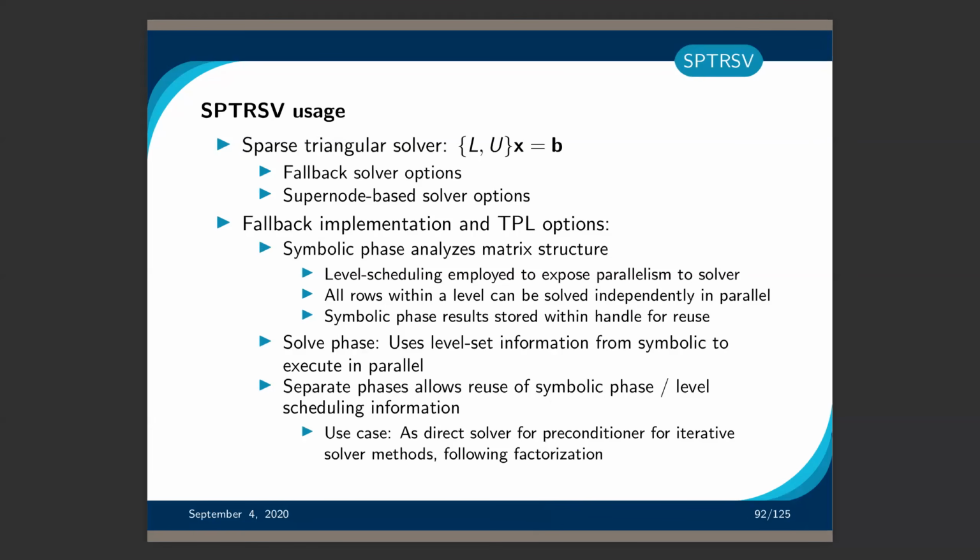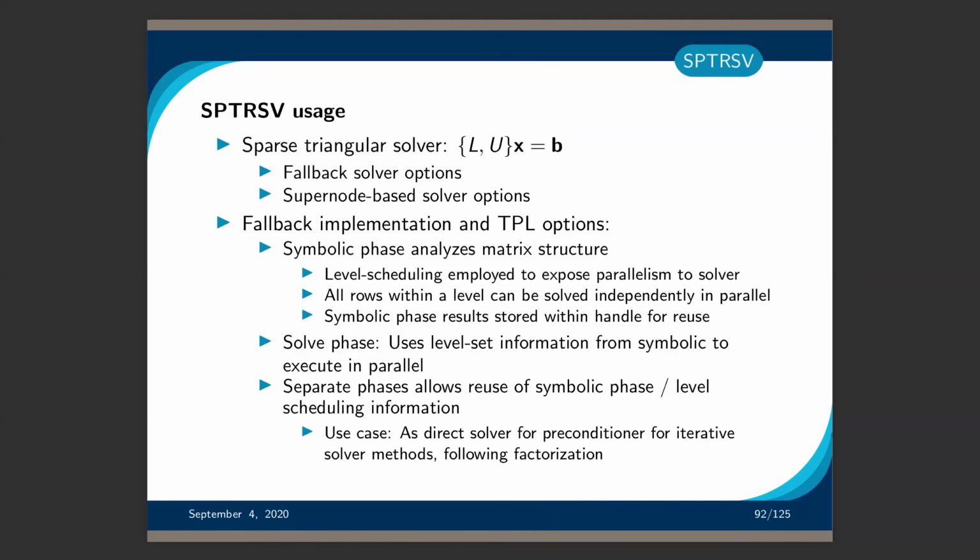The sparse TRSV, or triangular solve routine, supports the same CRS arrays as the sparse ILUK routine, and it consists of two different algorithm implementations that have different interfaces. There's a level scheduling based implementation that I'll refer to as the fallback implementation, and a supernode based implementation.